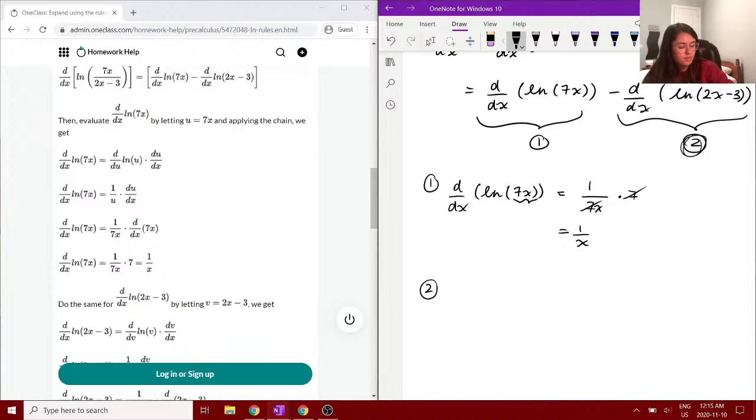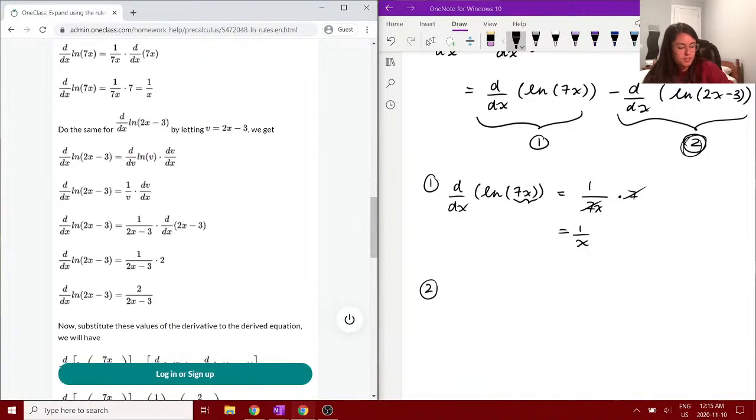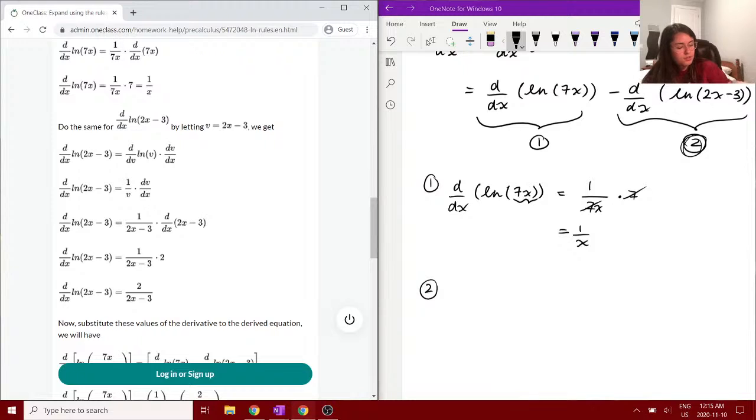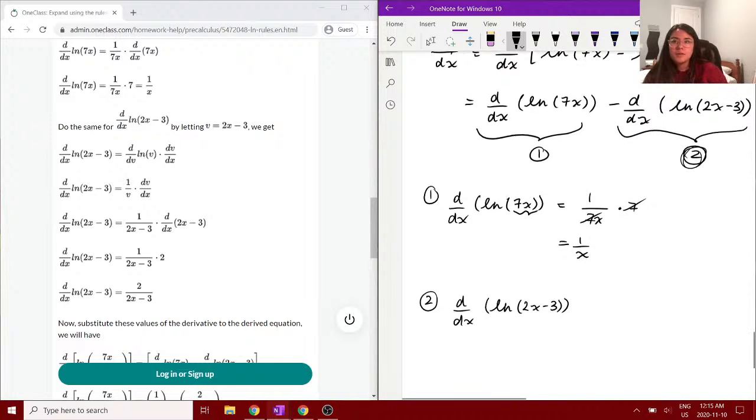So now we can move on to the second term. They also substitute v for 2x minus 3, but it's the same process as the first, so let's try that. So that's just the second term from what we have above. Hopefully I'm not blocking it.